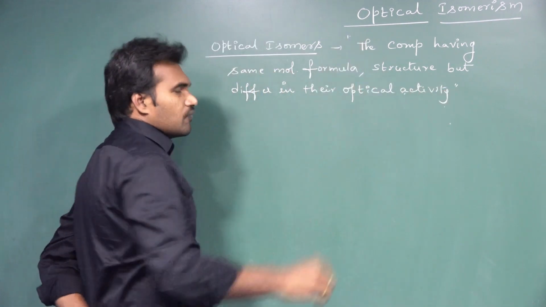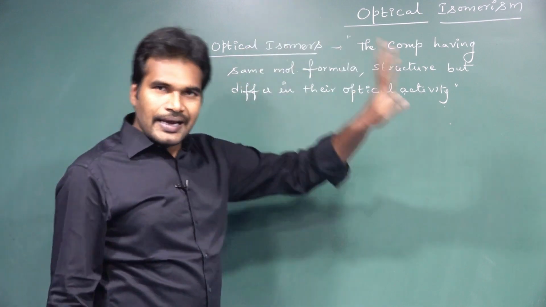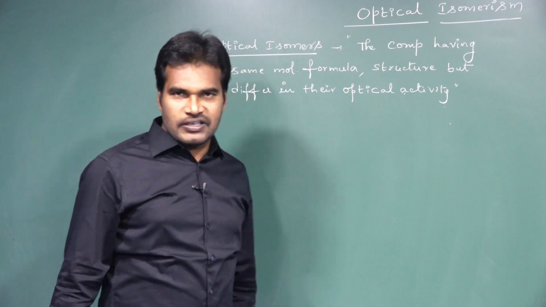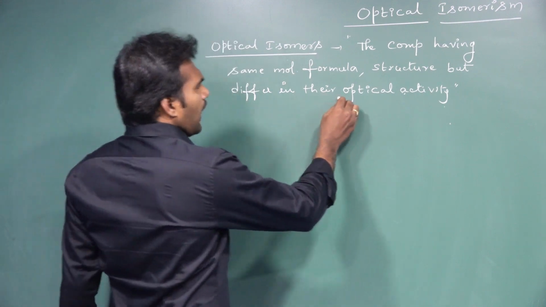And those compounds we call as what? Optical isomers, and that phenomenon is called what? Optical isomerism.